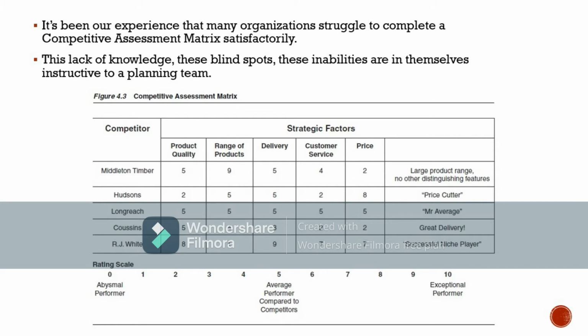It's been our experience that many organizations struggle to complete a competitive assessment matrix in a satisfactory way. Often, they're unsure who their competitors really are. In addition, they may not have done the necessary research to be able to confidently list the strategic factors relevant to a key stakeholder, for example, customers or employees.